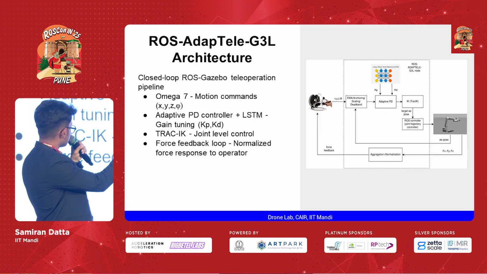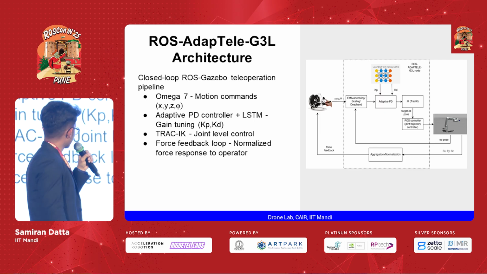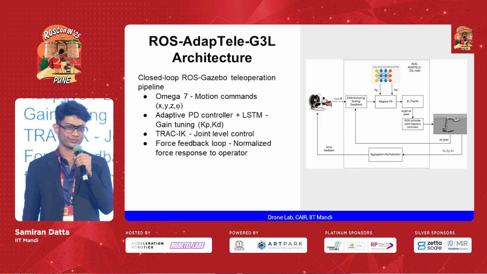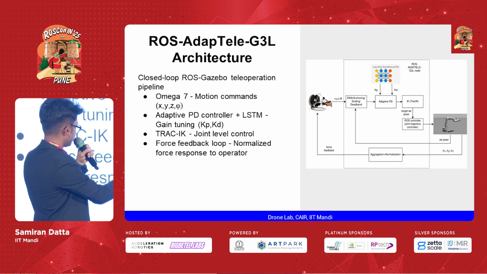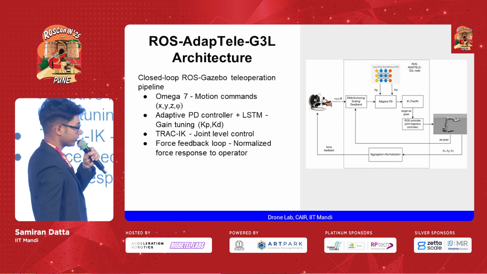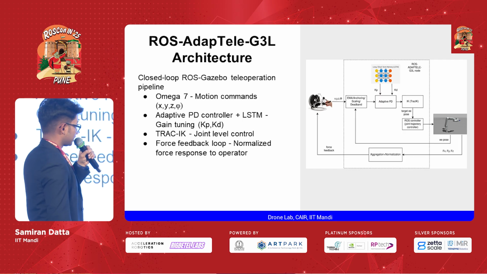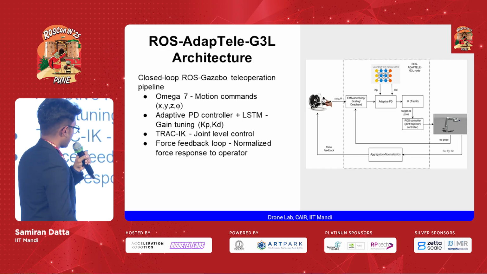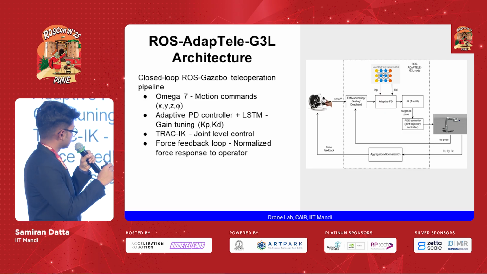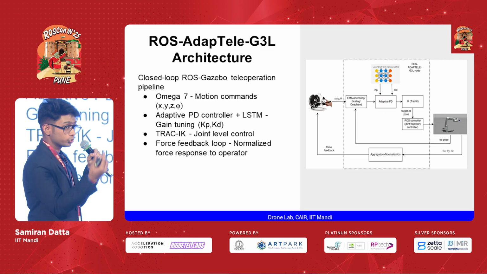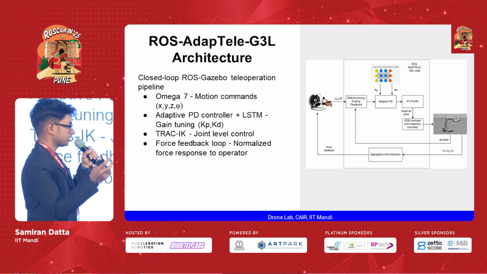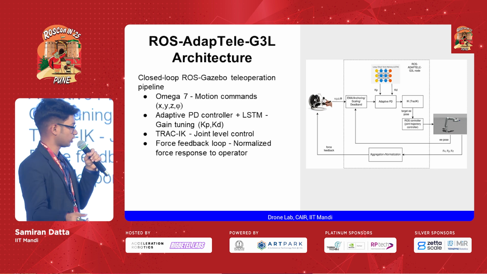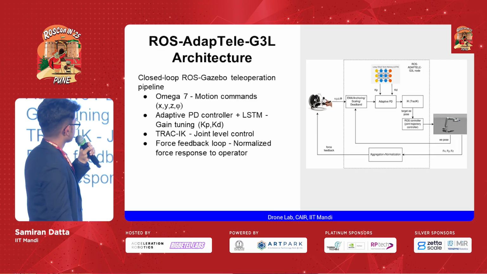So this is the architecture of our ROS Adapt Tele G3, which is quite a fancy name. What we are doing here is that the operator is moving the haptic device, the master device in this case. This haptic device gives the pose, the position and orientation together, as well as other parameters like velocity and acceleration.